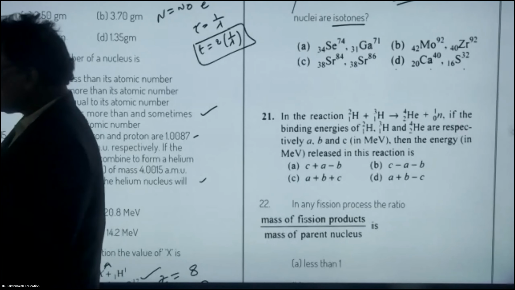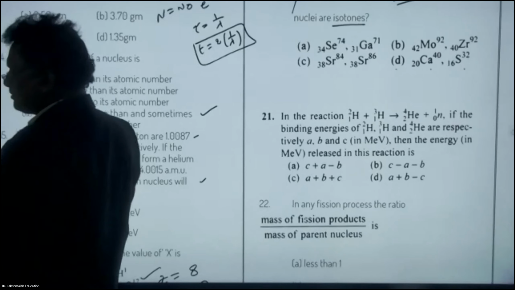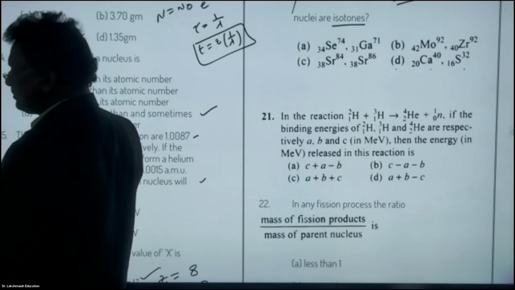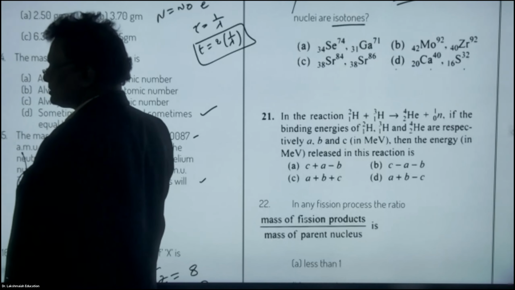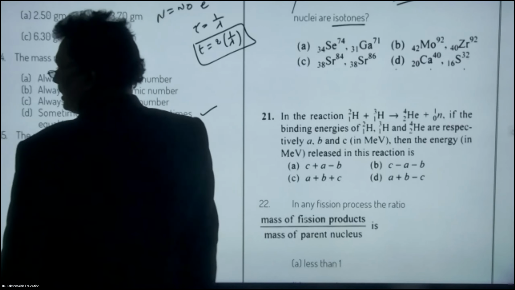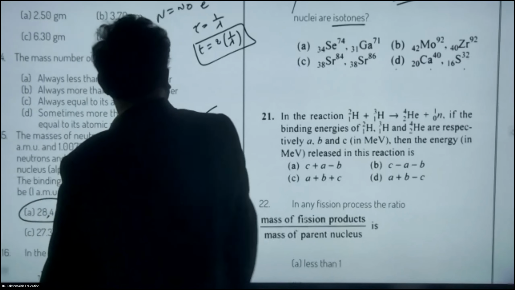The nuclei which have the same number of neutrons but different atomic number and mass number are known as isotones. So isotones have the same number of neutrons. Which is correct in that? Option A is correct, right? Option A is correct.